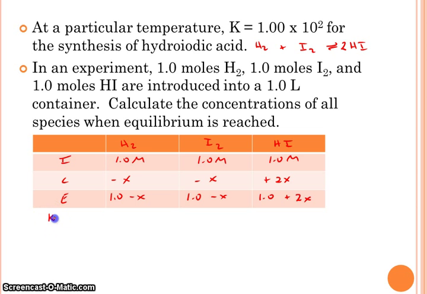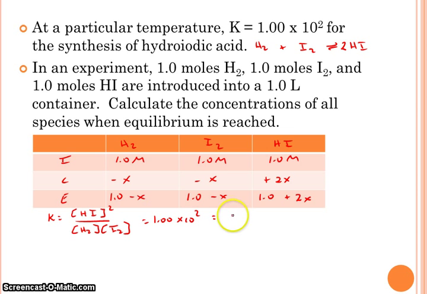We've got K equals the concentration of hydroiodic acid squared over the concentration of hydrogen times the concentration of iodine. We're given K this time: 1.00 times 10 to the 2.